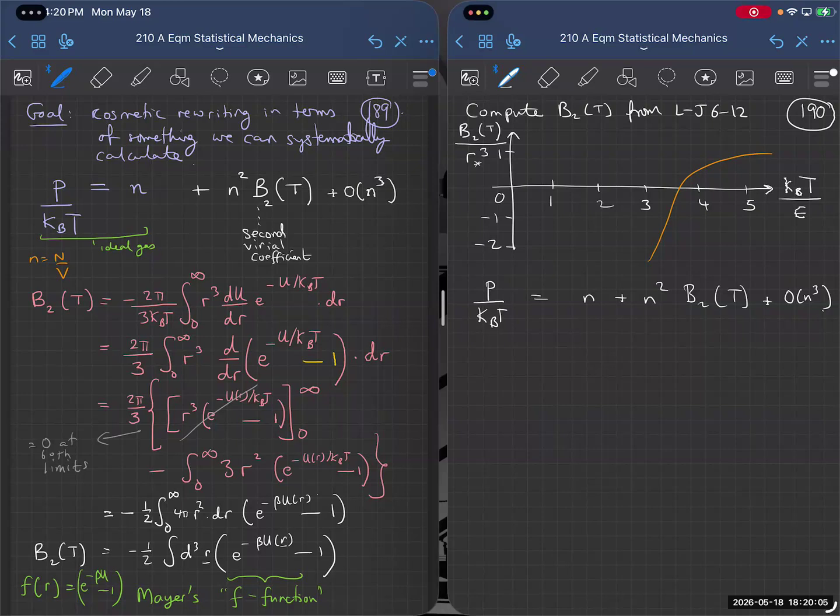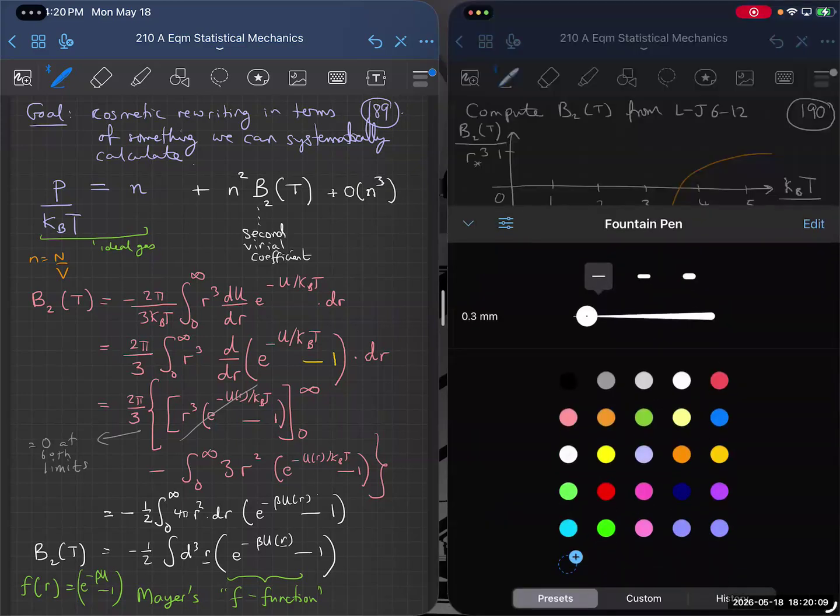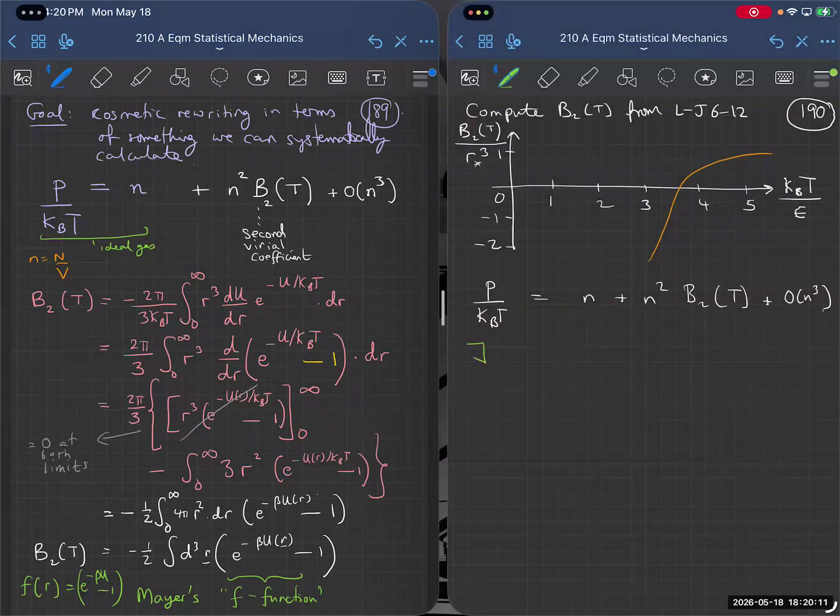So what's happening is there's a temperature which is called TB, B for boil. There's a temperature TB where B2 of TB is equal to 0.